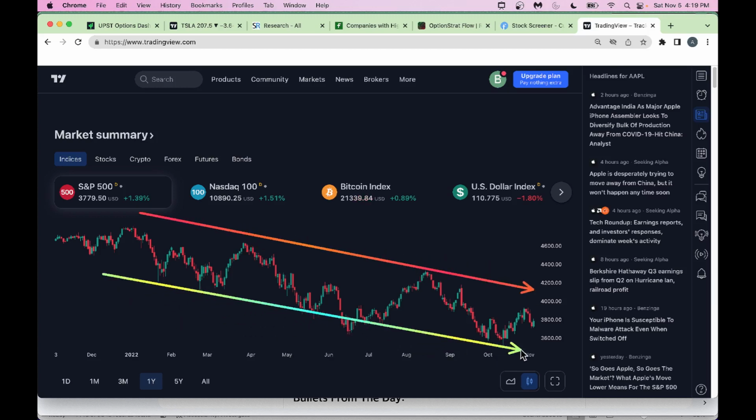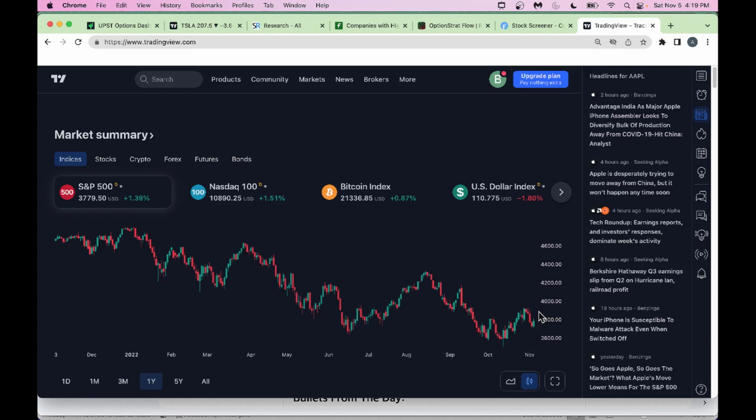There are some short rallies as you can see here, but they're all short-lived and they're coming down. So in this market, you have to play on the shorter side and don't be too much bullish. And anytime you see some strength, it's always good to buy some put options into the strength and go from there. So that's about S&P 500.